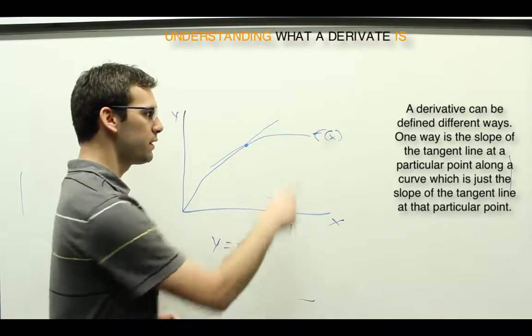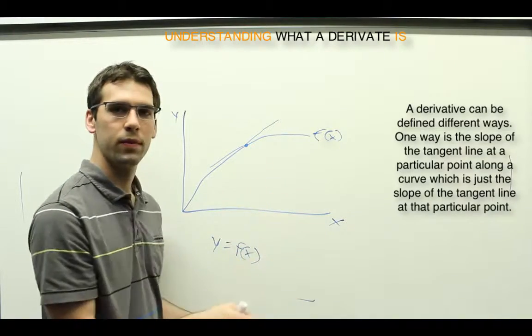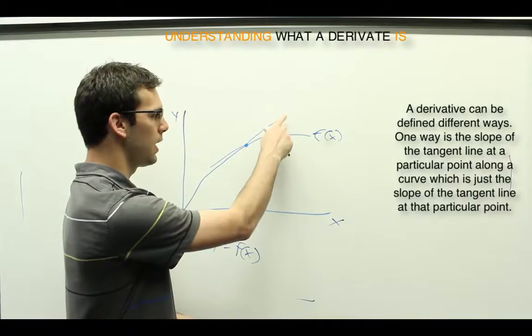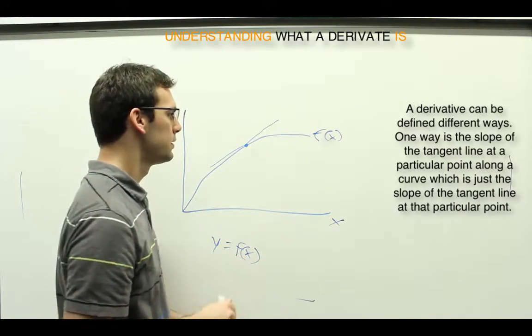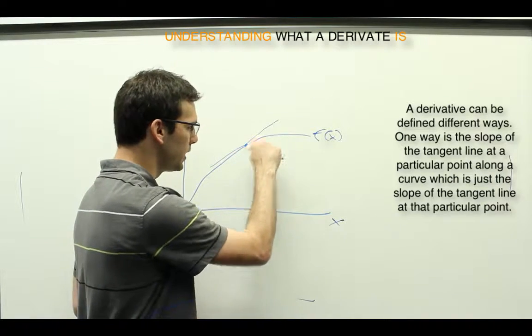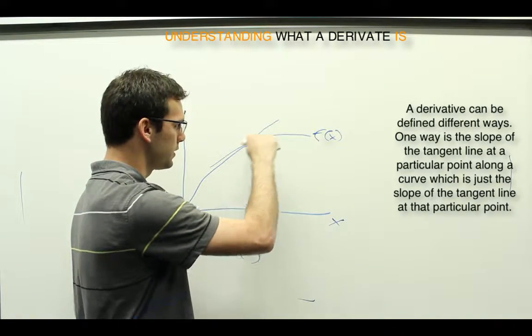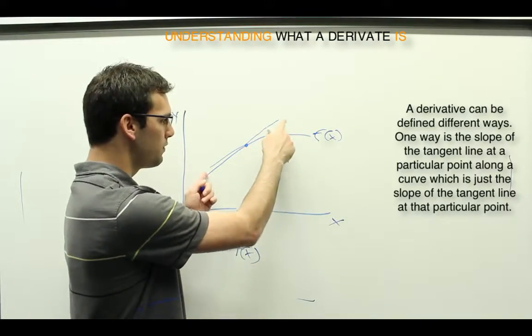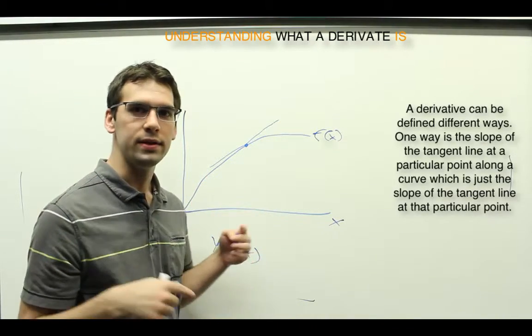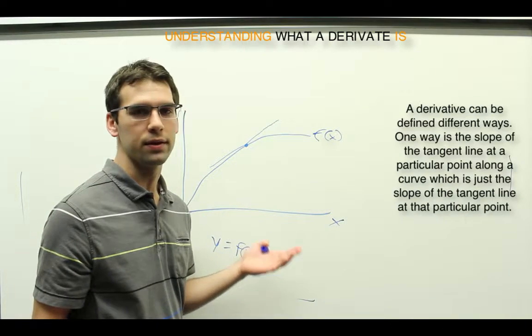Then at every point along this curve, you could describe a line that's tangent to it at that point, and that means it just barely touches it, and it runs parallel at that point. So the slope of this line is what you find when you take the derivative.